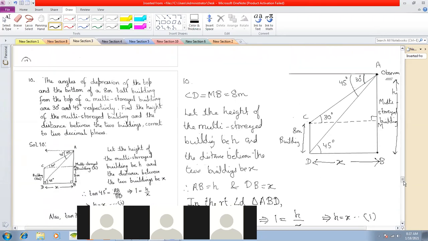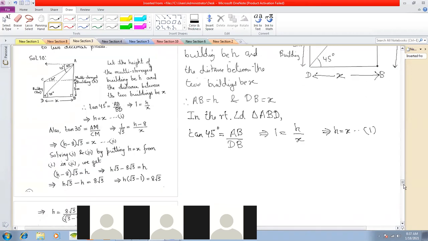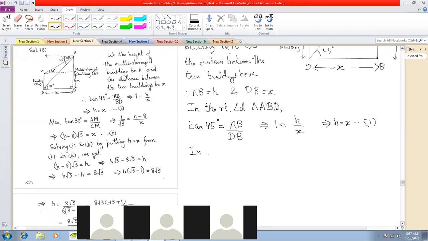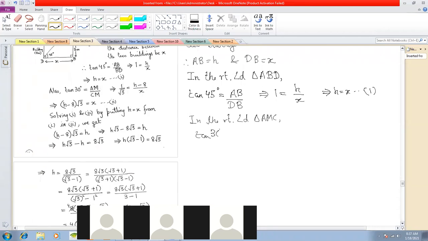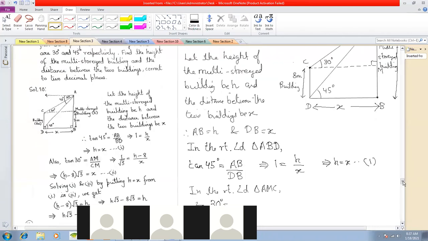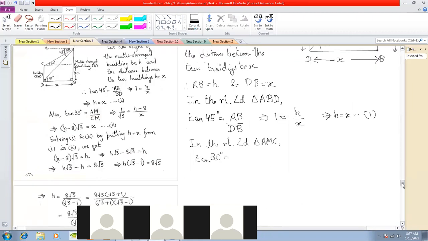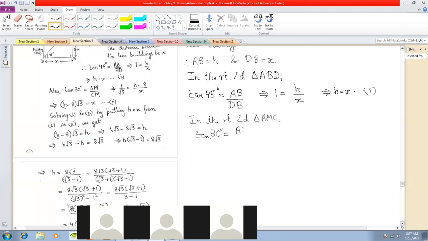Now we shall consider the right angle triangle AMC. This angle is 30 degrees, so tan 30 is equal to AM by CM. Tan 30 is 1 by root 3.